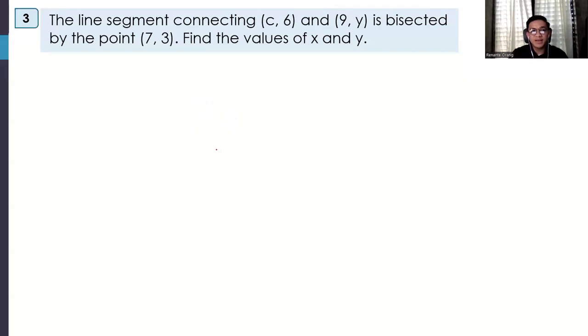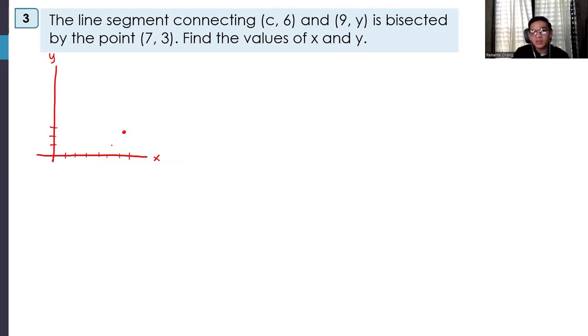Number 3: the line segment connecting (c, 6) and (9, y) is bisected by point (7, 3). Find the values of x and y. So that we have context, let's draw it. We have our point (7, 3). On our x-axis and y-axis, we count 1, 2, 3, 4, 5, 6, 7, and on the y-axis 1, 2, 3.